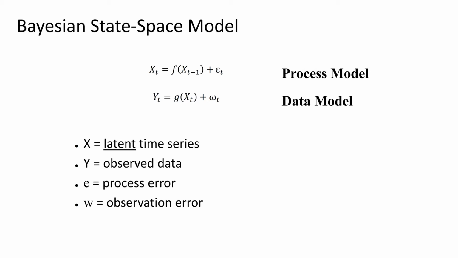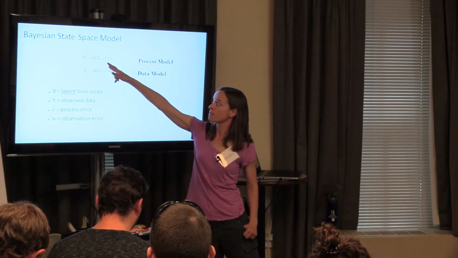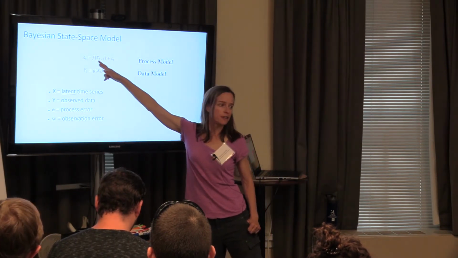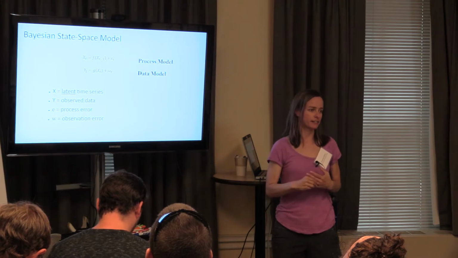It is now a latent variable of interest, your response variable, but not the one you measured. And in this case, I'm showing that is where the Markov process is, right? That's where you've got that dependent structure. One state depends on the last, but your observations y are still your data model. They're what you measure. And then you put a model in there to identify how they relate to x.